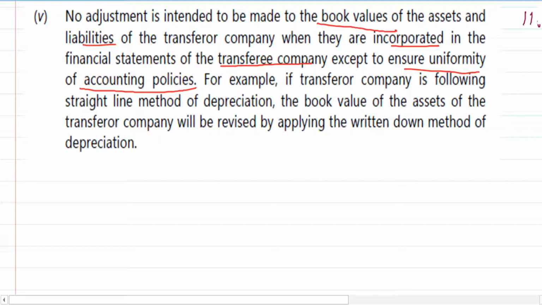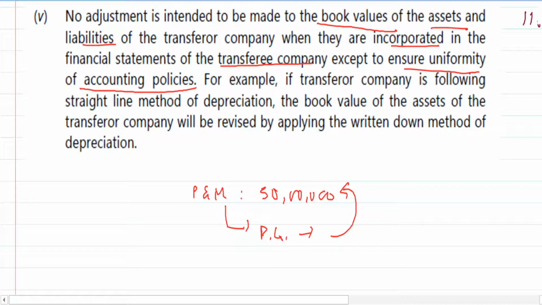So let us say you have plant and machinery of 50 lakhs of rupees. In the balance sheet of the selling company, you are showing plant and machinery at 50 lakhs. When this plant and machinery is taken over, the purchasing company also has to record it at 50 lakhs only. You cannot change this value. Everything should be recorded at the book value.